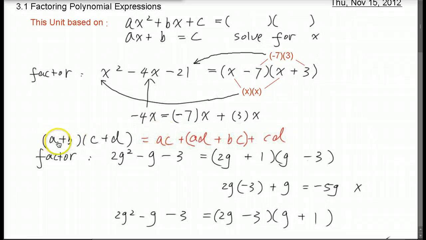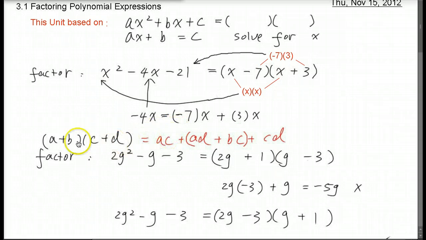If you're given a plus b multiplied by c plus d, and you expand them, you should get AC, A multiply D, B multiply C, and B multiply D. So this is just an application of the distributive property.